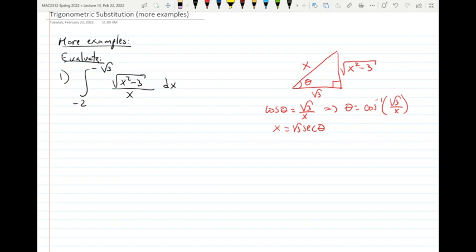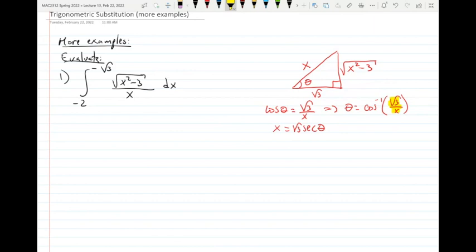So question: square root of 3 over x, is it positive or negative in this problem? Negative. Why? Very good. Remember, we are integrating, so you need to look at the interval of integration. We are integrating from negative 2 to negative square root of 3, so x is between those two numbers. So x is negative.